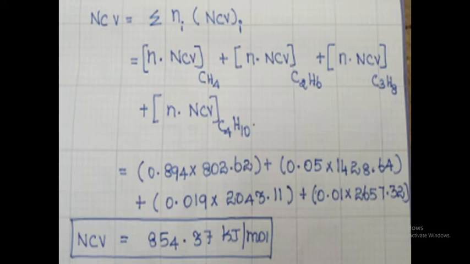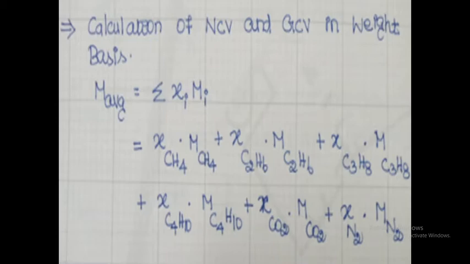You should substitute them here. Finally, we get NCV is equal to 854.37 kilojoule per mole. So why are we getting kilojoule per mole? Because in this problem GCV and NCV values are in terms of kilojoule per mole. Are you clear? Okay.